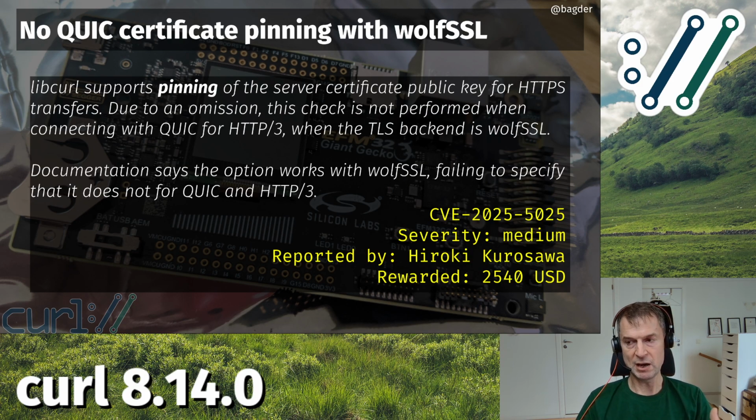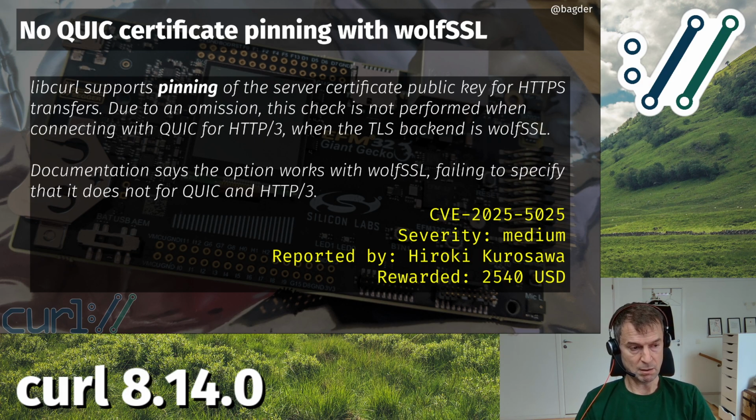So in this case, we have a feature that basically allows a user to pin a public key of the server. So basically verify that it's still the same server over there. And it works perfectly fine when using the regular TLS over TCP used for HTTP1 and HTTP2. But if you would use HTTP3 instead, and it would use Quick for that, curl will just move on as if the check was true and validated, but in reality, it wasn't checked at all.